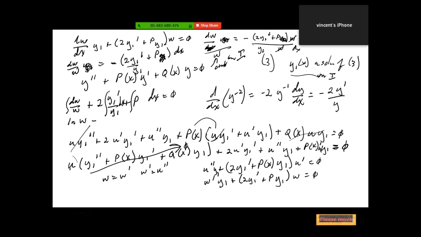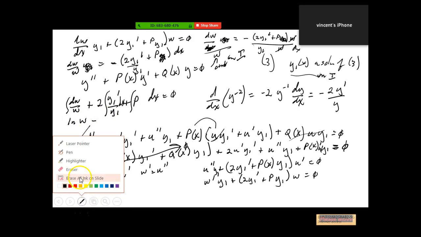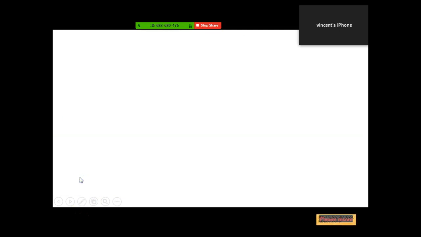Without going any further, let's just jump to the bottom line. Now, I think we just need it on clean paper here. So let's just go to clean paper. Okay. What it ultimately gets down to, that log that we had before, you can now combine that with the 1 over y1 squared that we had before, and you get log of the absolute value of that w we had times y1 squared.